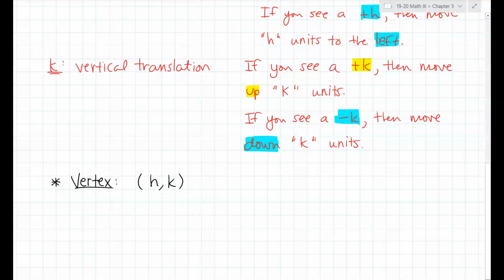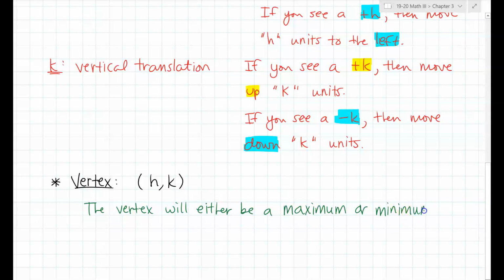So the vertex is either going to be a high point or a low point of the parabola. Let me put that right here. The vertex will either be a maximum or minimum point to the parabola.